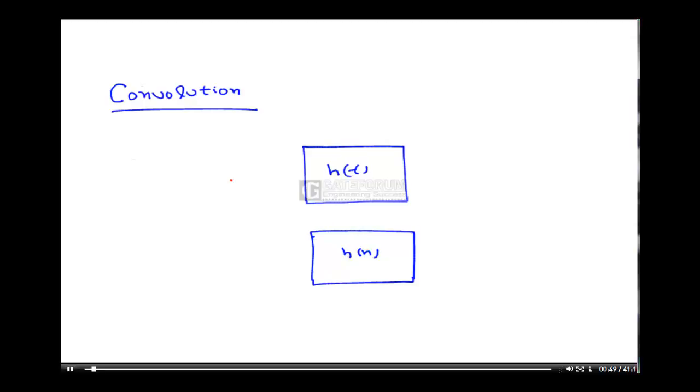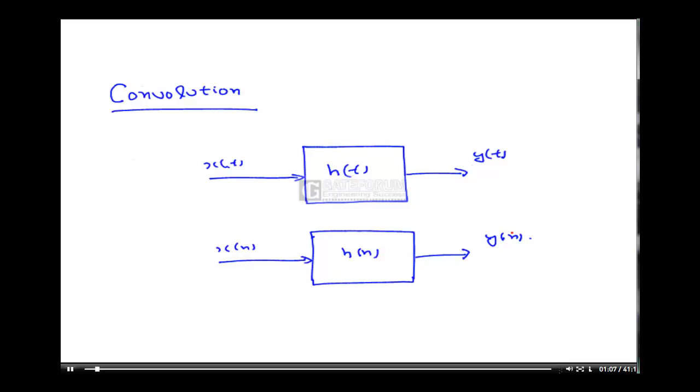If an input is given to this, then we'll get some output y(t). How to calculate this output y(t)? That depends on the convolution.